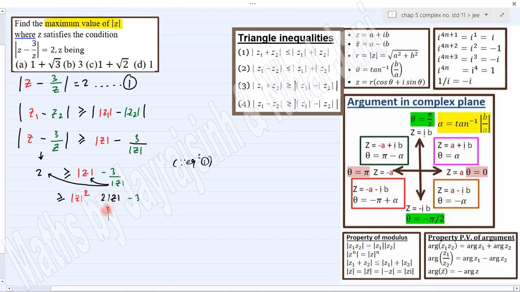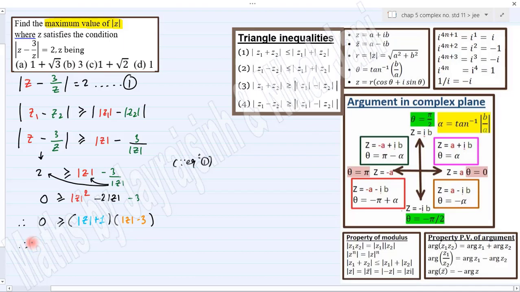So it will become mod z square minus 2 mod z minus 3 is less than or equal to 0. Now, if we create the factors, we will get mod z plus 1 and mod z minus 3, which gives us two conditions.